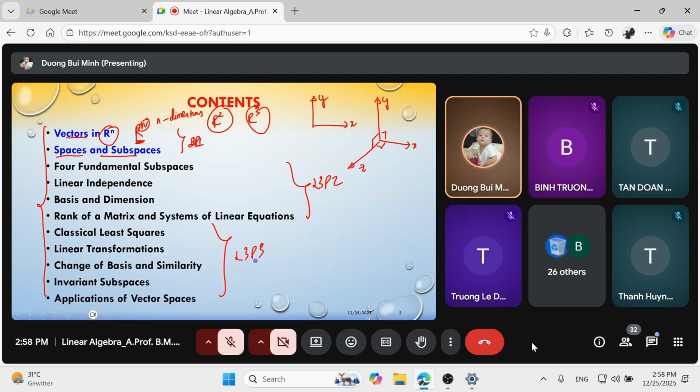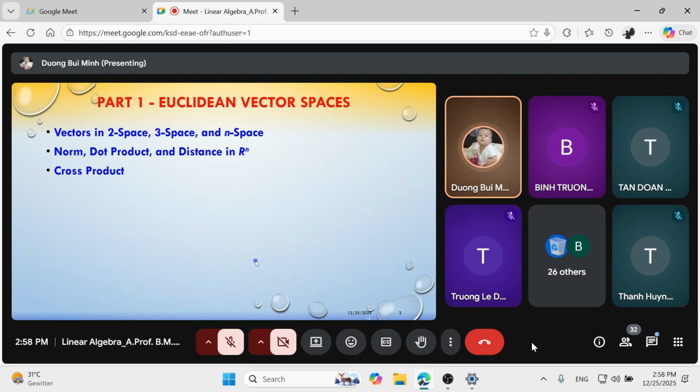In part one we discuss Euclidean vector spaces: the meaning of vectors in two space, three space, and n space; norm, sometimes we say norm, sometimes we say length; dot product, distance in Rn, and cross product. Okay, very easy.